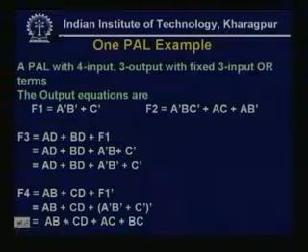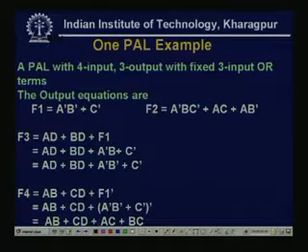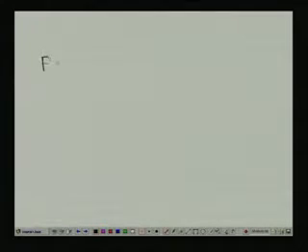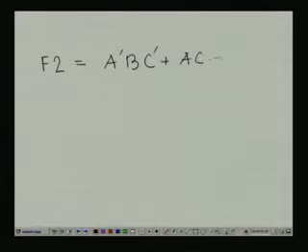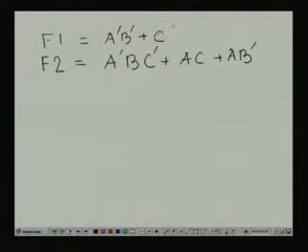So, first we write A dash B dash plus C dash and A dash B C dash, AC plus AB dash, and F1 is A dash B dash plus C dash. So, how many inputs are there?